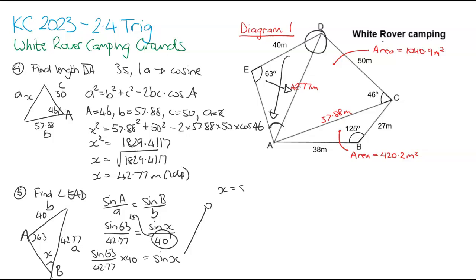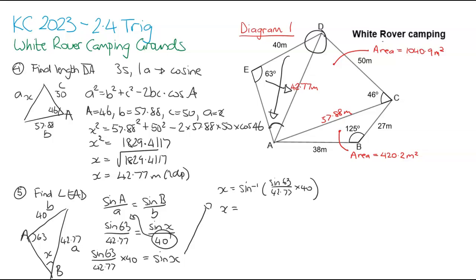And carrying on over here, this is going to be where it's a bit annoying. X is going to be equal to sine -1 of all of that we've left over there. So that's sine -1 of sine 63 over 42.77 times 40. And be careful, make sure you've got the proper brackets in when you're doing this in your calculator.